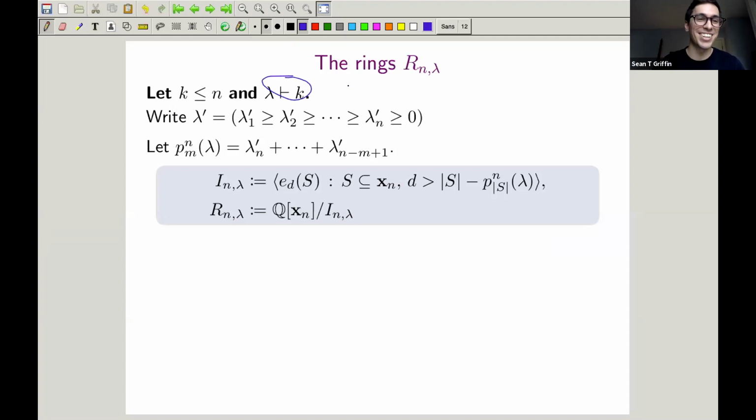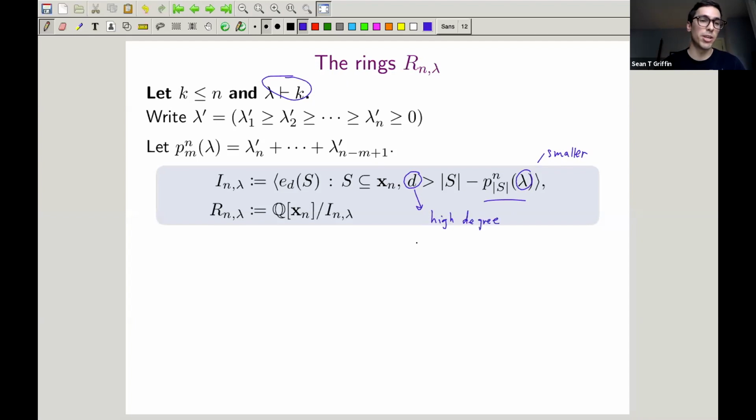Okay, I think my internet's getting a little bit slower, so my writing is going to get worse. And we define the ideal I_{n,k} basically the same as the Tanisaki ideal, except since our partition is smaller, this p statistic is also smaller, and the effect is that we take high degree elementary symmetric polynomials.